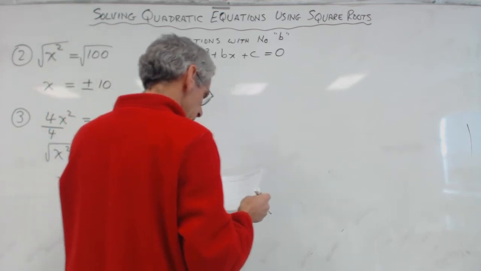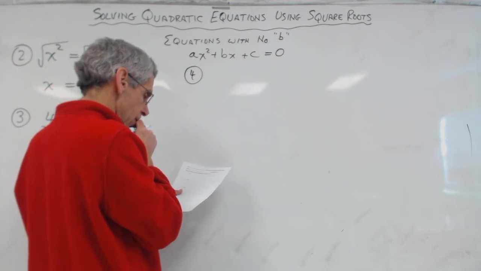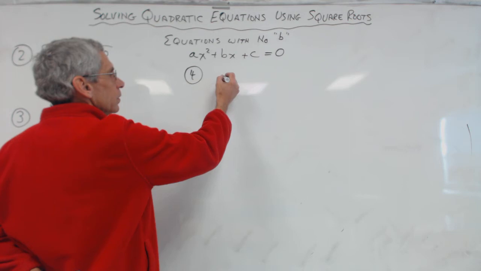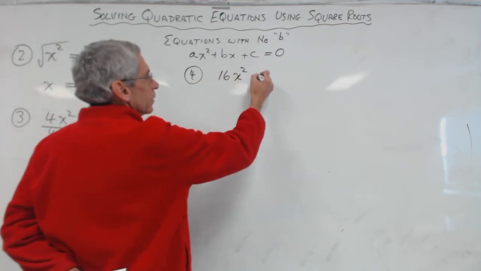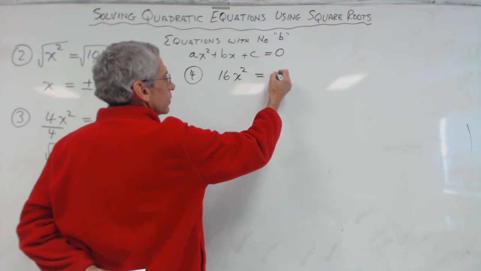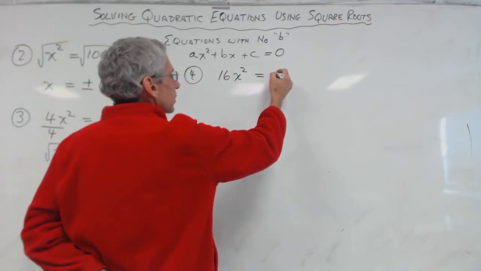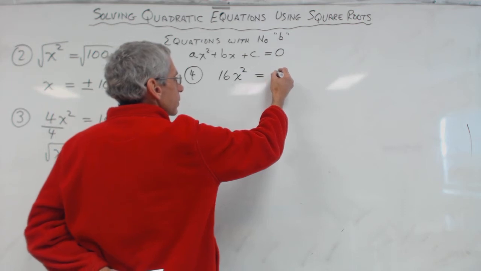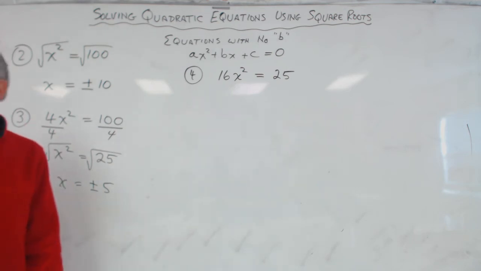All right, what if I gave you this? 16x squared equals 25.